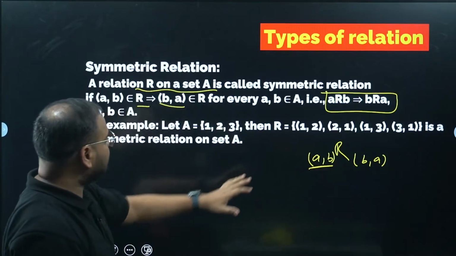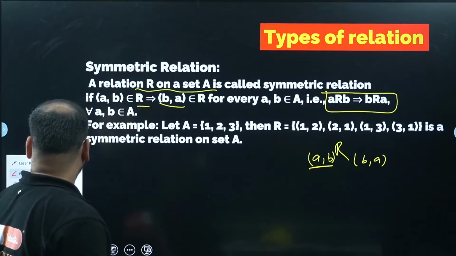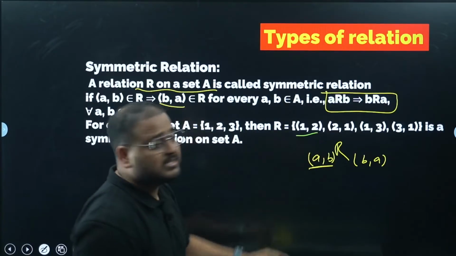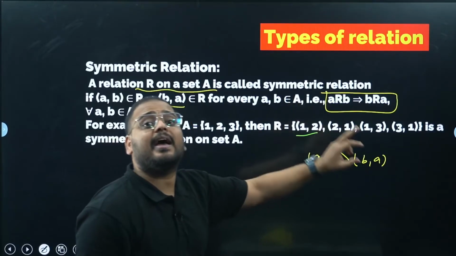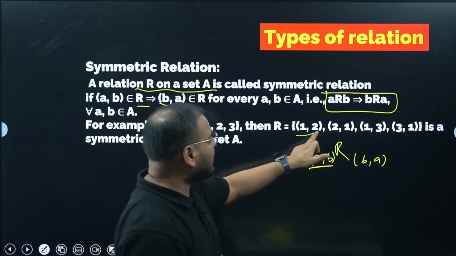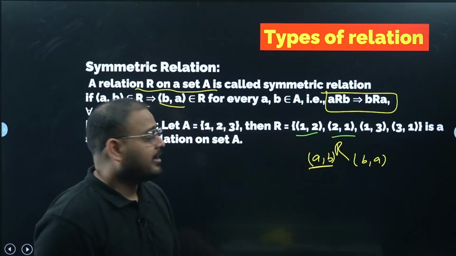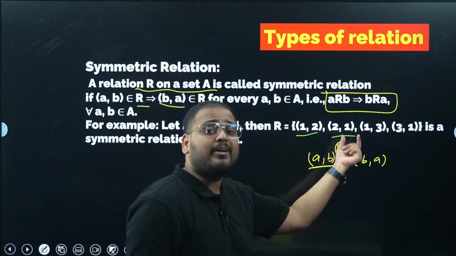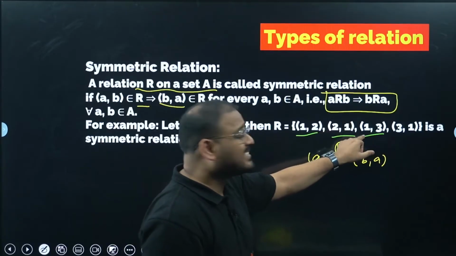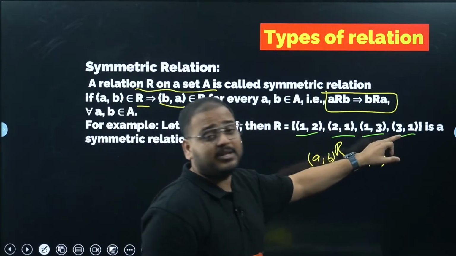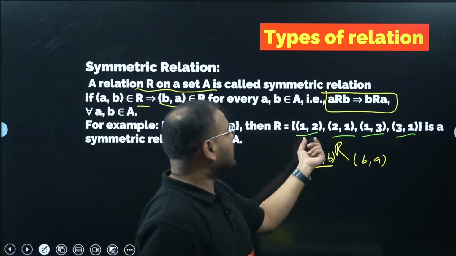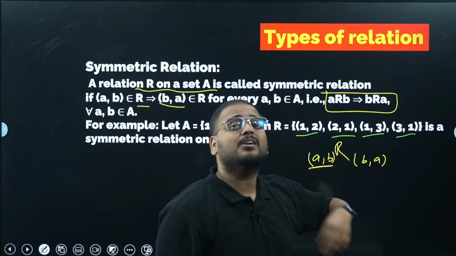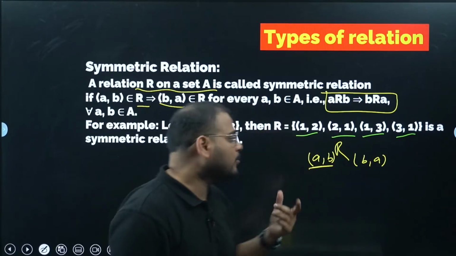Look at this example. If 1 comma 2 is there, then (b, a) becomes 2 comma 1, and it has to be there for it to be symmetric. If 1 comma 3 is there, then 3 comma 1 has to be there. For any relation to be symmetric, the (a, b) and (b, a) pairs should exist at the same time. I hope this is clear.